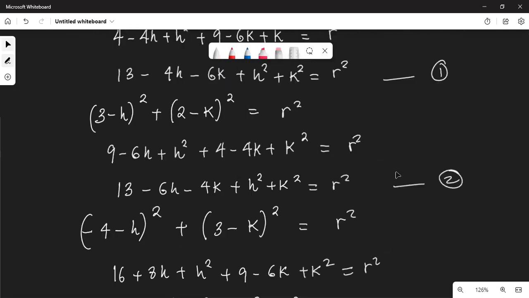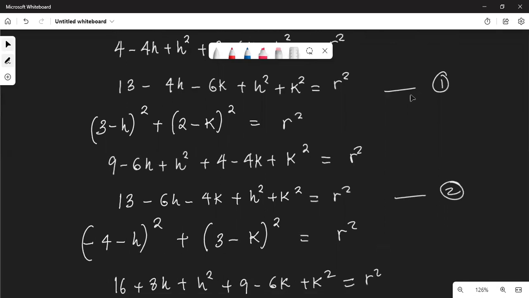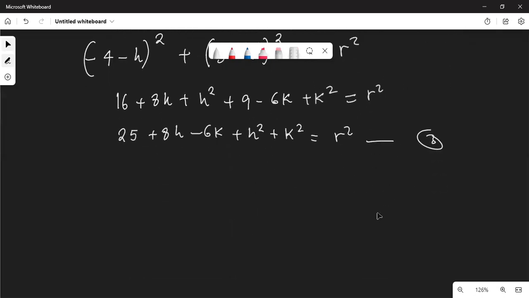So we're going to equate equation 1 to equation 2. Okay, we can do that. Equation 1 equals equation 2.